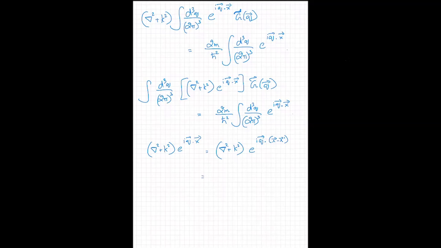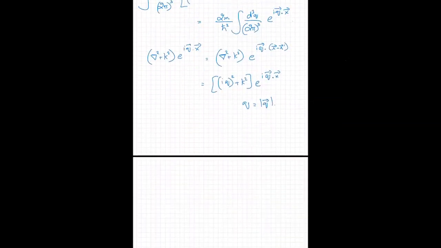So this is simply (minus q square plus k square) acting on e to the i q dot x, where q square is the absolute modulus of the q vector squared.